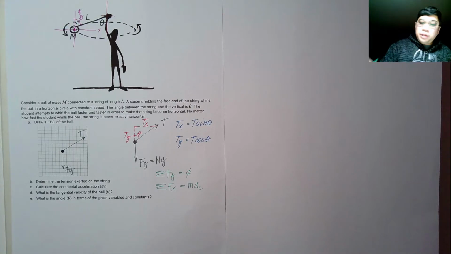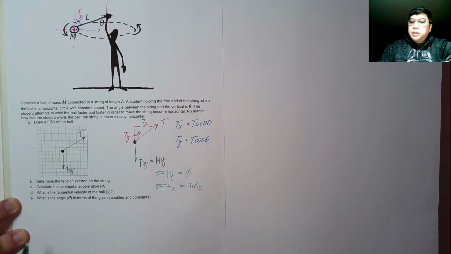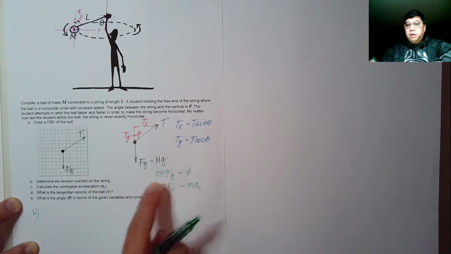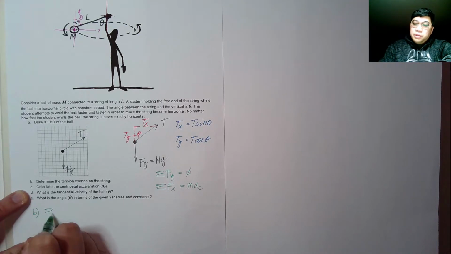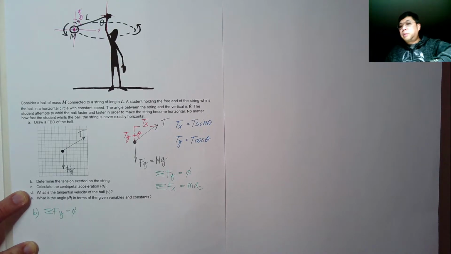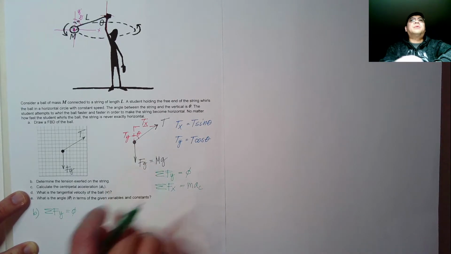So now if we proceed to B, determine the tension exerted on the string. So what is the tension? We can start by looking at the summation of forces along the y-axis, which is equivalent to 0. Then we sum up all the forces, where positive is going up and negative is going down.